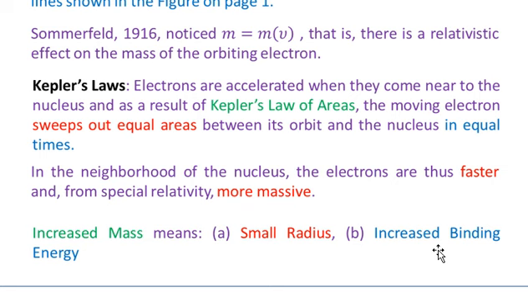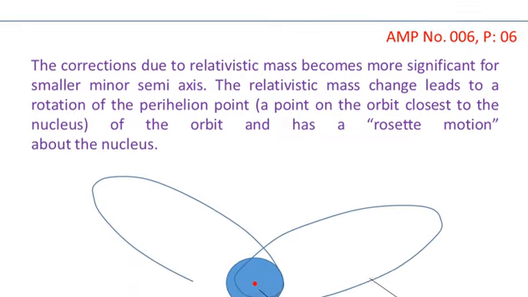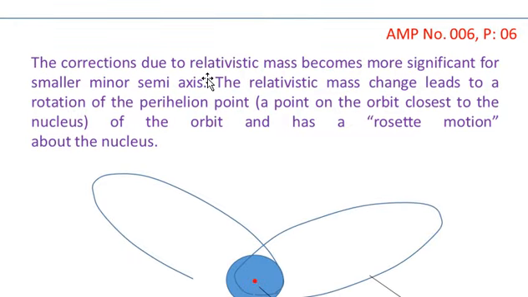And of course, the mass of the electron will also be increased, because the mass now depends upon the velocity of the electron, which is very high when the electron is approaching the nucleus. The correction to the relativistic mass becomes more significant for smaller minor semi-axes.